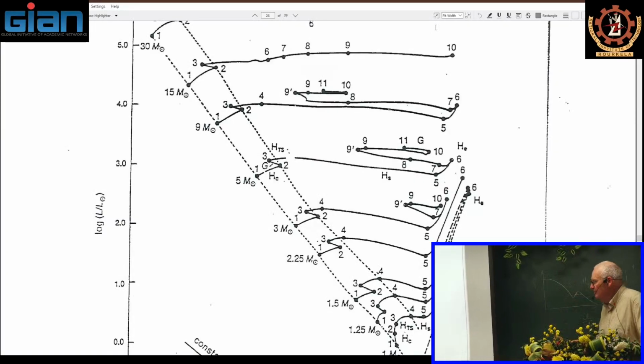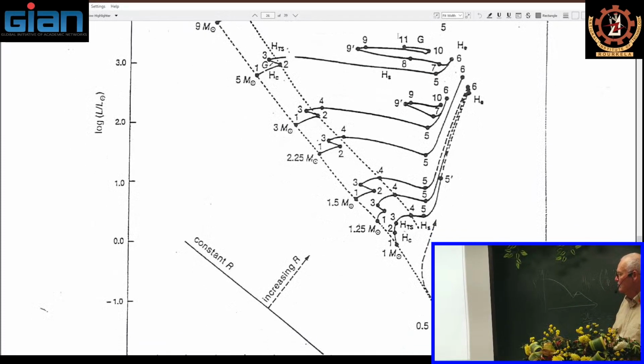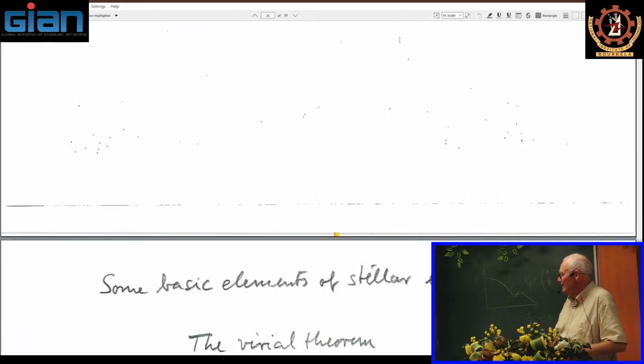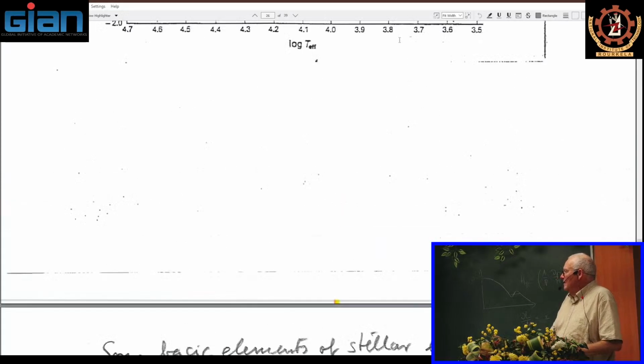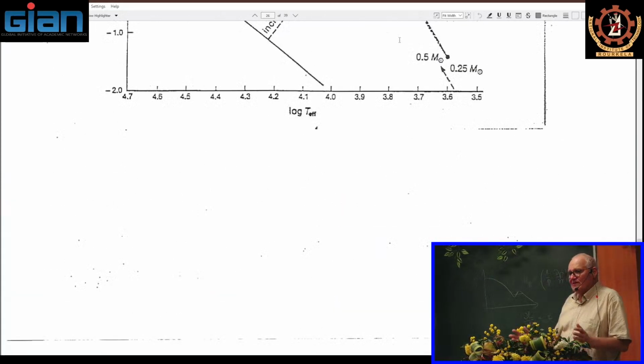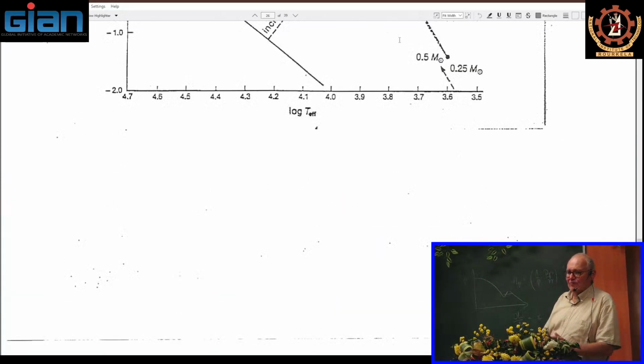Okay, that's how stellar evolution usually looks. This was just an example of how stellar evolutionary calculations provide an evolution within the Hertzsprung-Russell diagram, and how these evolutionary tracks look.